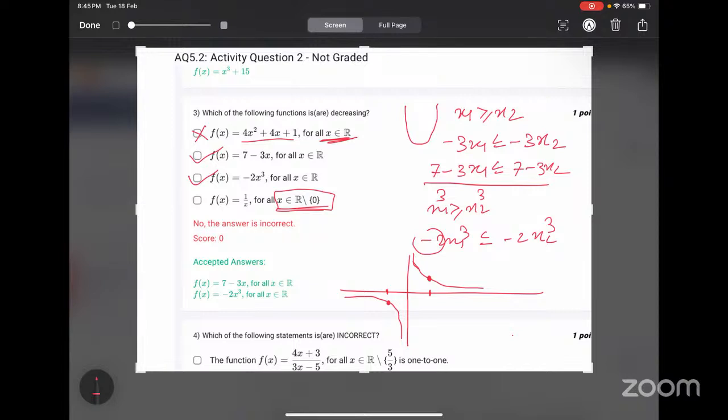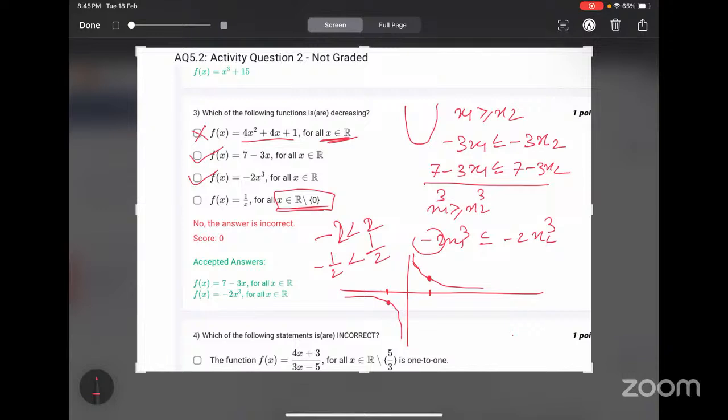Minus 2 is less than 1, and minus 1 by 2 will always be less than 1 by 2, right? If you take one negative point and one positive point, you find the increasing inequality. So this is not a decreasing function.